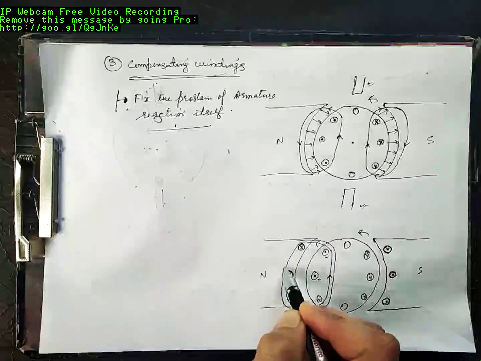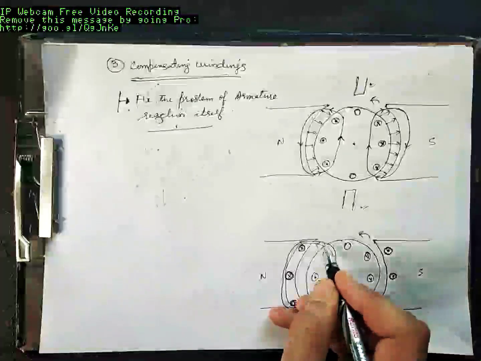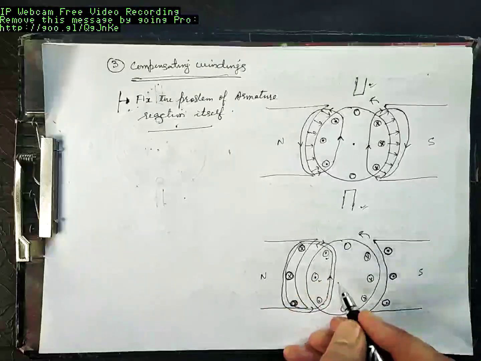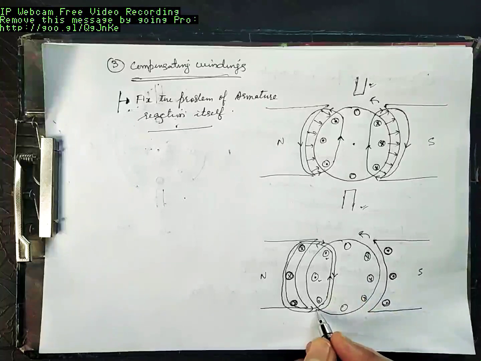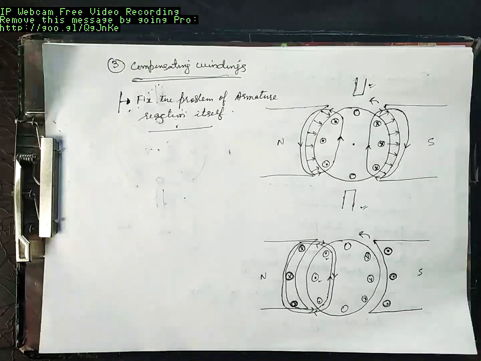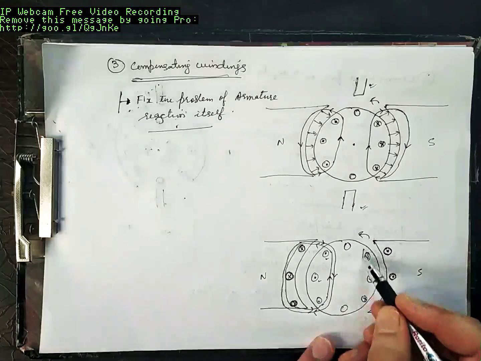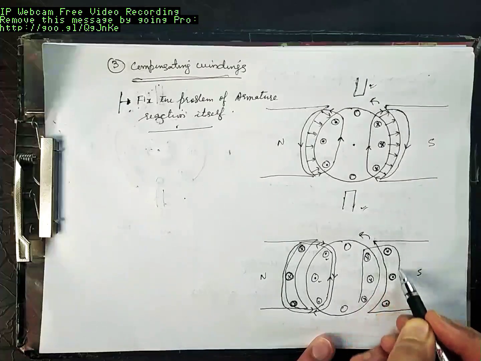Since they are very close to each other, because the air gap is a very small space between the two, they tend to exactly cancel the effect of each other. Same thing happens on this side.